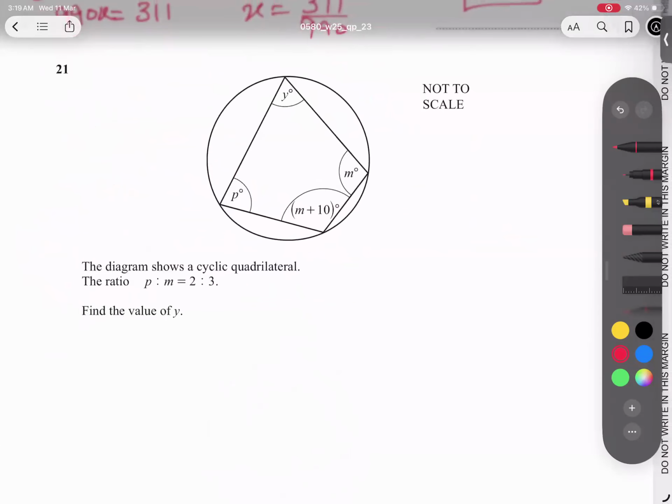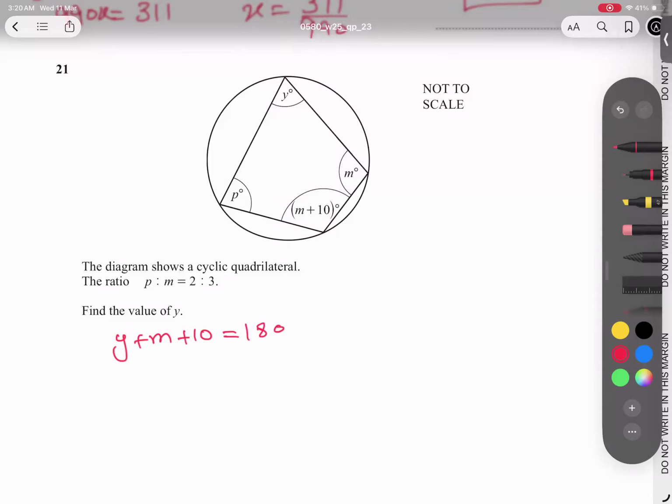Question number 21. If you look at the cyclic quadrilateral, the rule of the topic is that whenever all 4 points lie on a circle, then opposite angles, if you add them, give you 180. So y plus m plus 10 equals 180.